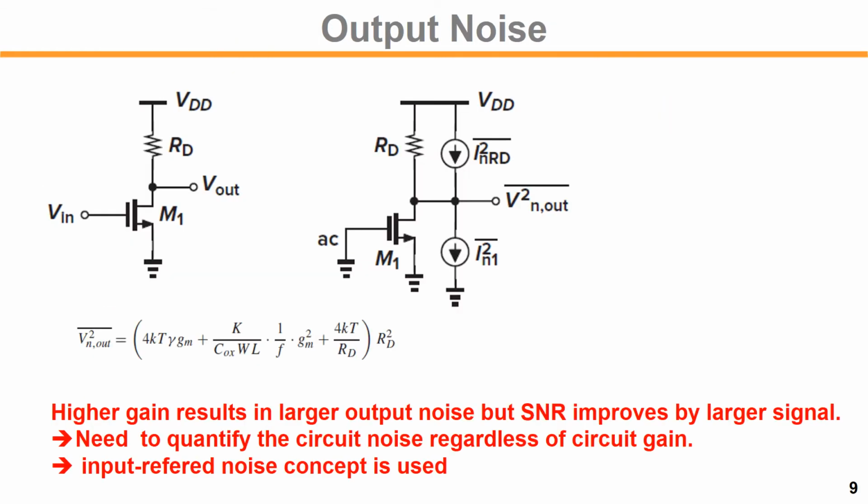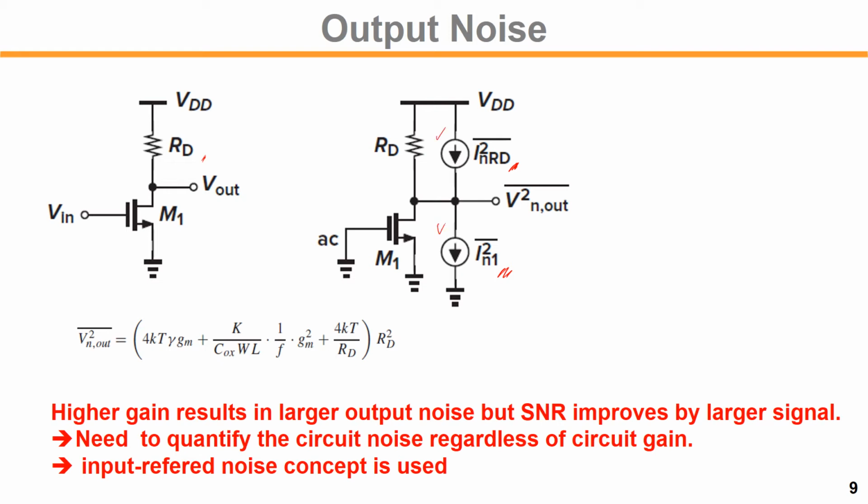Let's calculate the output noise for the common source amplifier shown here. We have a resistive load there. The resistor has noise current, and there is also thermal noise from the MOS transistor. We have two noise sources.